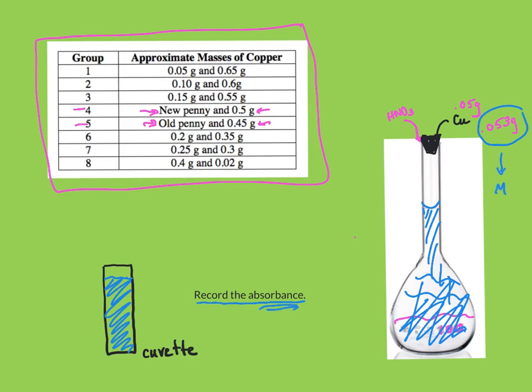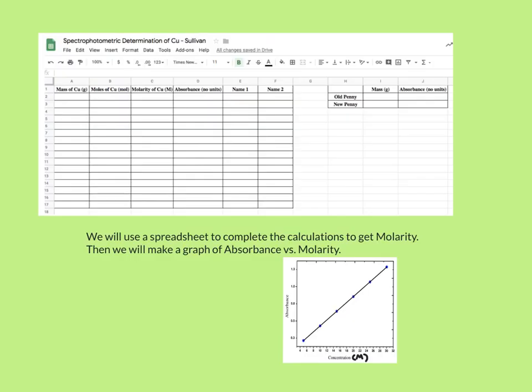And now we've got the absorbance, so we're going to make a graph of a bunch of absorbances versus molarity. In class, or before class, I'm going to share this spreadsheet with you. Each group will put in their names, okay? Actually, your names will already be there. You'll record the mass of copper you used and the absorbance you recorded.